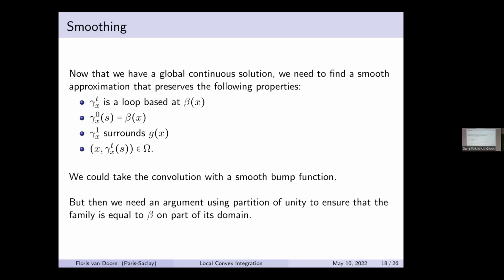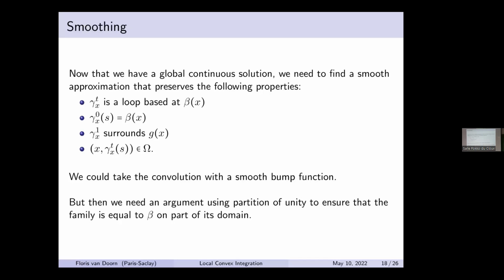But that turns out to be a bit tricky, because if you take a convolution with a smooth function, you will lose these exact equalities. You will get a loop based at some point close to beta x, because beta moves around when x moves, so we won't be able to get a family of loops that is exactly based at beta x.